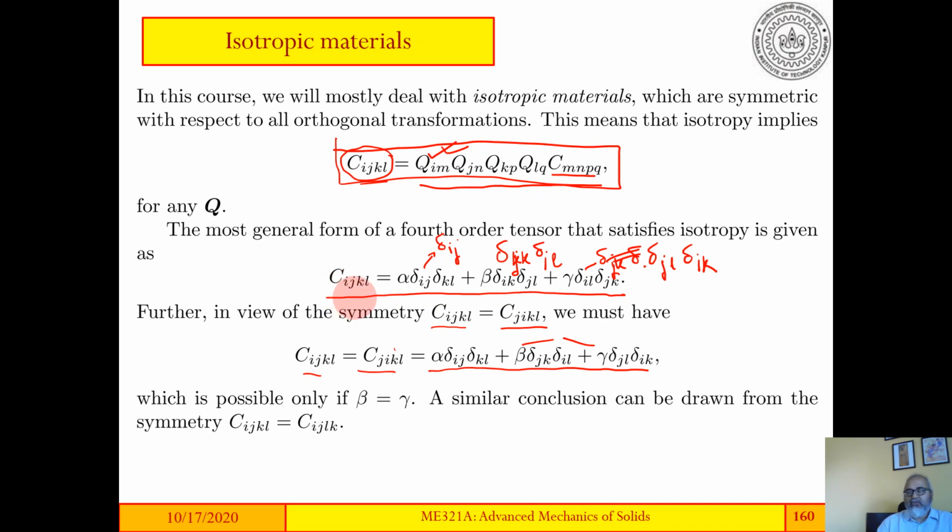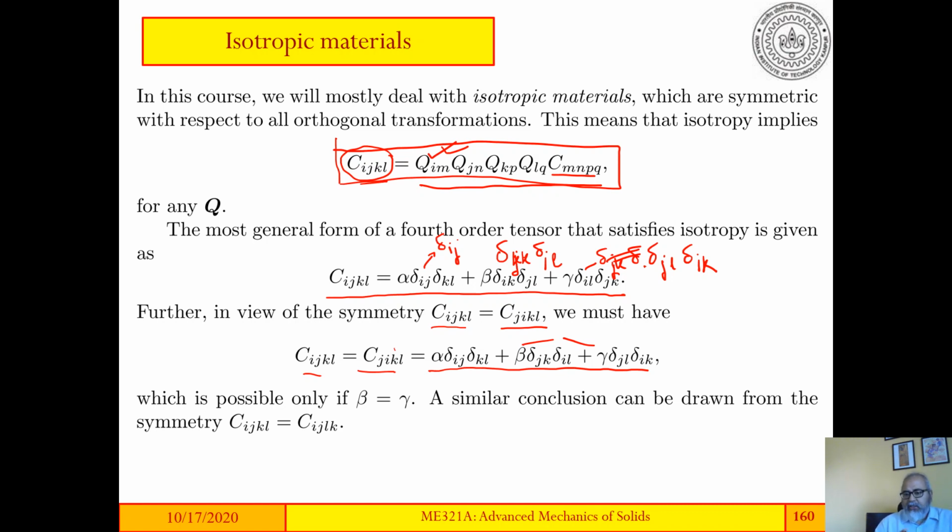For a completely isotropic material, the number of independent constants required to specify the stiffness completely comes down to just 2. So we started with 81, major minor symmetries brought it down to 36, then orthotropy, monoclinic, transversely isotropic, etc., brought it down to 5, and complete isotropy brings it down to 2, and 2 is what we are going to stick to.